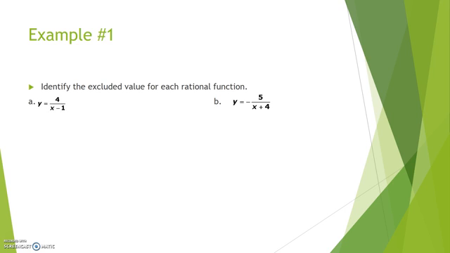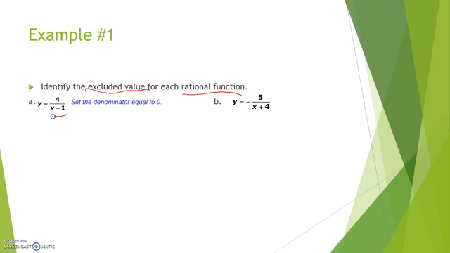So let's first try an example here. They want us to identify the excluded value for each rational function. So here for a, we have y equals 4 over x minus 1. The first thing we need to do in order to find the excluded value for the rational functions is to set our denominator equal to 0.